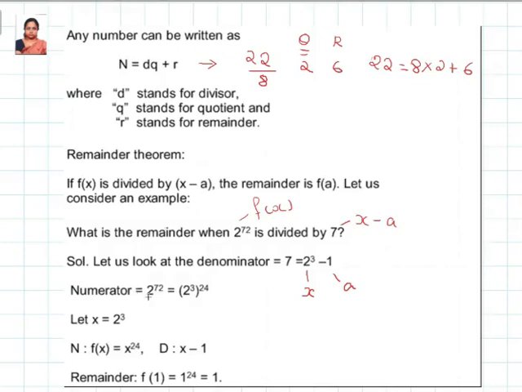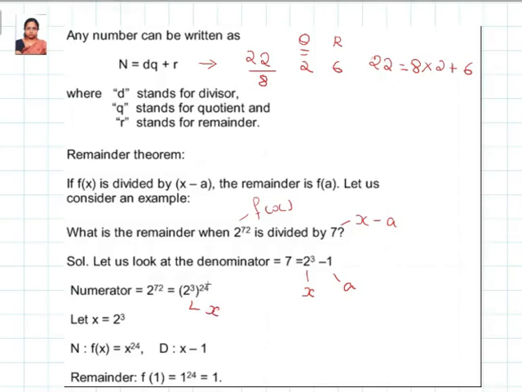When you bring the denominator in the form of x, your numerator also should be in the same form. So the 2 power 72 in your numerator, we are going to write in the form of 2 power 3, because that is what we have taken in the denominator. 72 can be written as 3 into 24. So you bring this 3 inside so that this becomes 2 power 3, and that is nothing but your x.